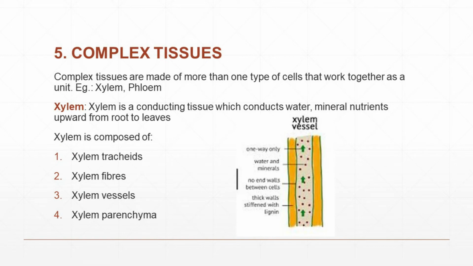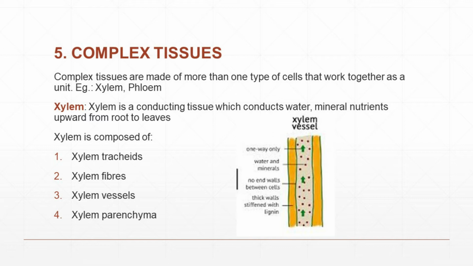Complex tissues are made of more than one type of cells that work together as a unit. Common examples are xylem and phloem. Let us learn one by one. First is xylem. Xylem is a conducting tissue which conducts water and mineral nutrients upward from root to leaves.